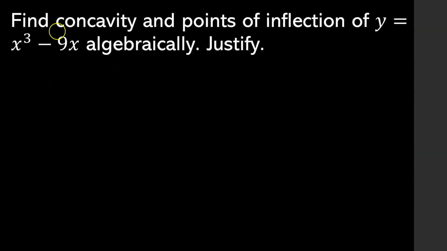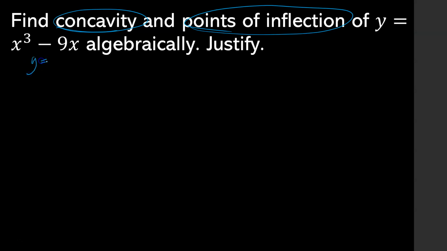Whether we're talking about concavity or points of inflection, that's about the second derivative. So what are we going to do first? Surprisingly not second derivative stuff. We're going to say y equals x cubed minus 9x is continuous, and we know that because x cubed minus 9x is a polynomial.